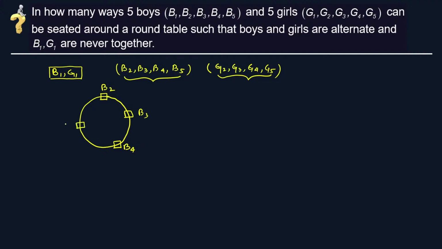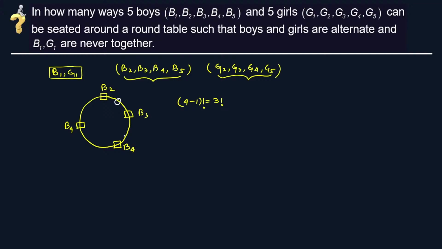So I have placed these 4 boys in these 4 places, which can be done in 4 minus 1, that is factorial 3 different ways. Is it clear? Because now this is a circular permutation. But when these 4 girls are placed in between, they will not be a circular arrangement. Why? Because now the seats are identified.